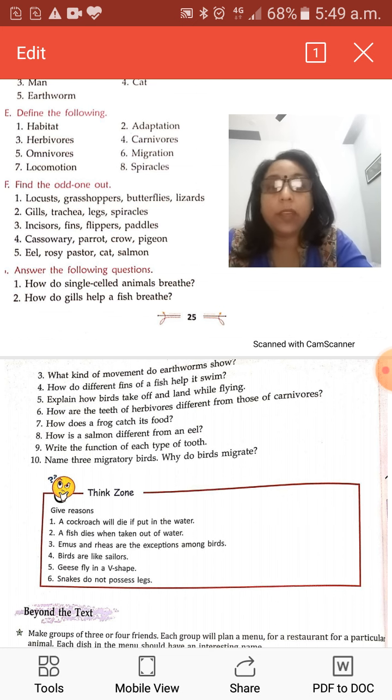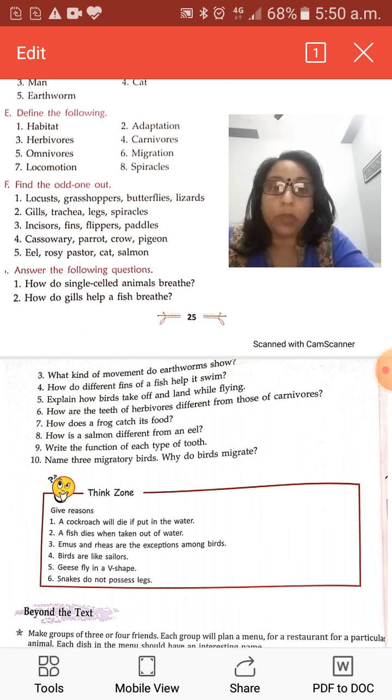Herbivores are those that eat plants or plant products, such as deer and cow. Next is carnivores. The flesh eating animals are called carnivores, as in many examples: lion, tiger, jackal, and many more.